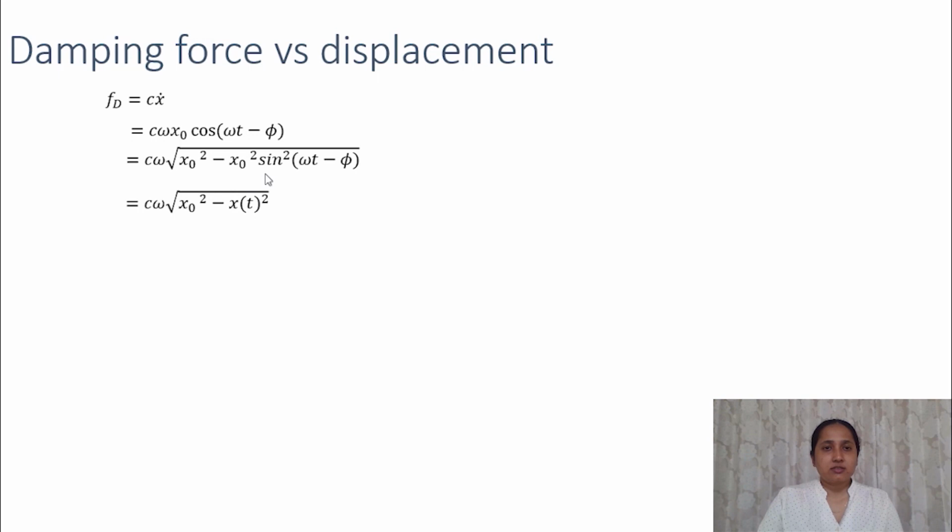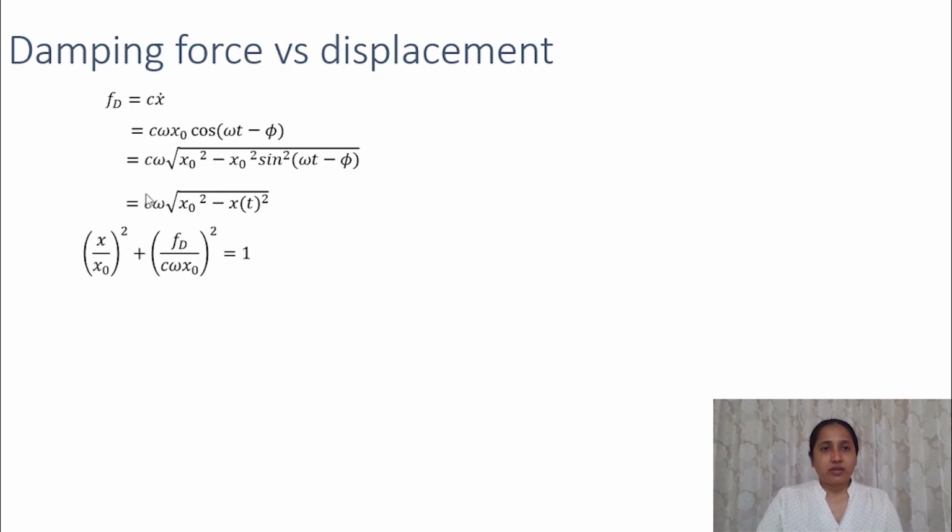So this is the displacement at any time t. So that is x t square. So the damping force is equal to c omega square root of x naught square minus x t square. X naught is the steady state amplitude, displacement amplitude, and x t is the displacement at any time t.